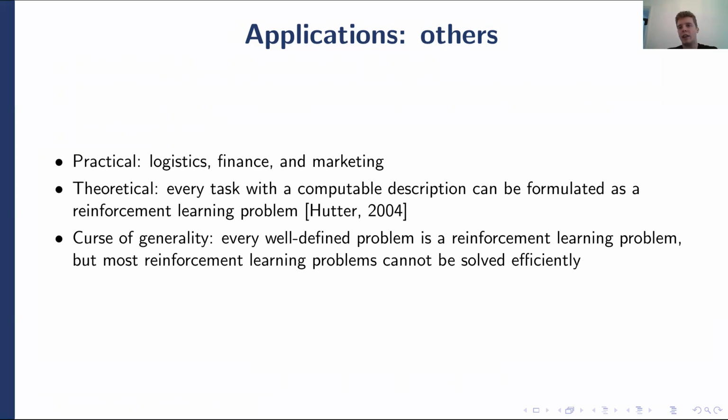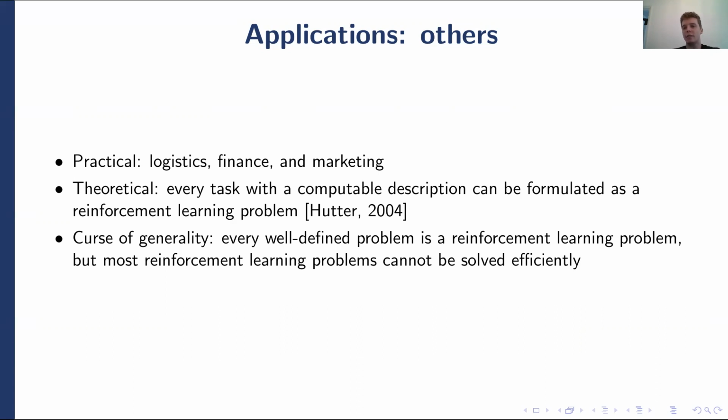But more interesting than that to me is the fact that every task with a computable description can be formulated as a reinforcement learning problem. So in a sense, every problem in theoretical computer science can be formulated as a reinforcement learning problem. And as we know, many computational problems have no efficient solution, and that does not depend on whether P is equal to NP or not.